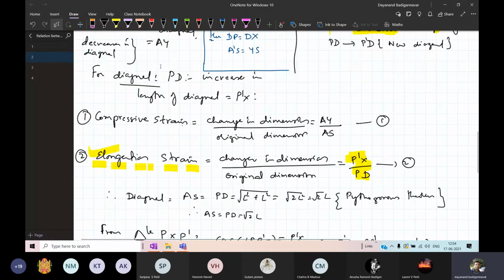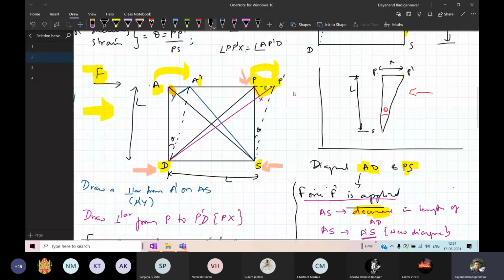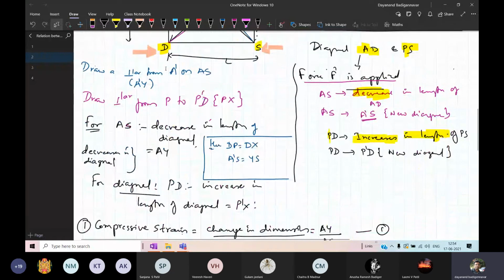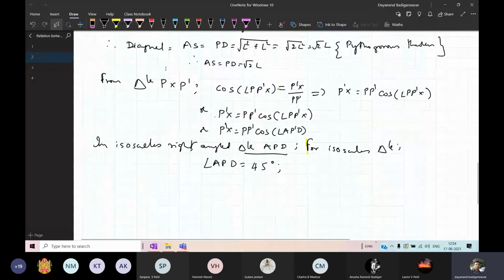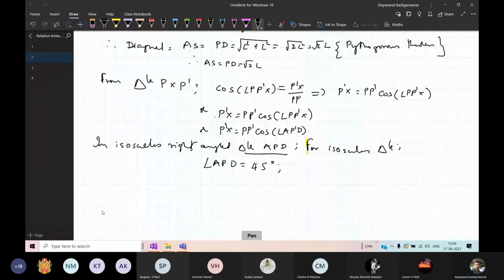Now I want angle AP'D. This is the angle I am interested in. To evaluate angle AP'D, I am using the same angle.